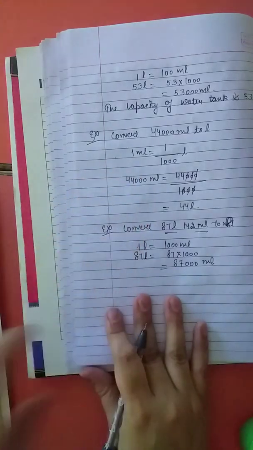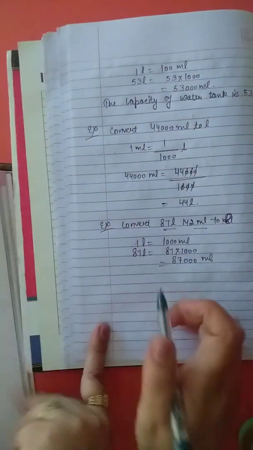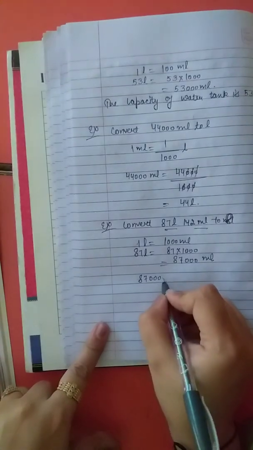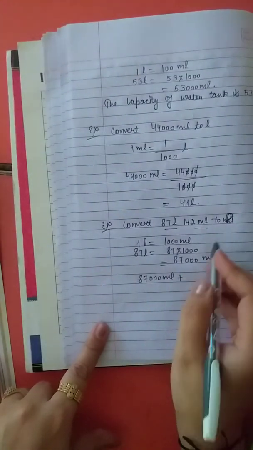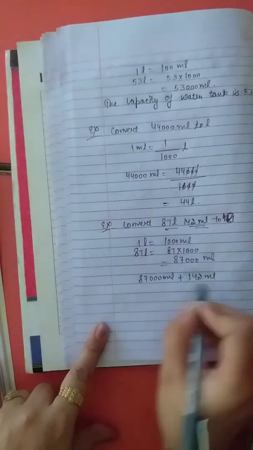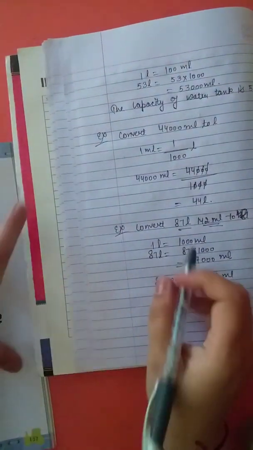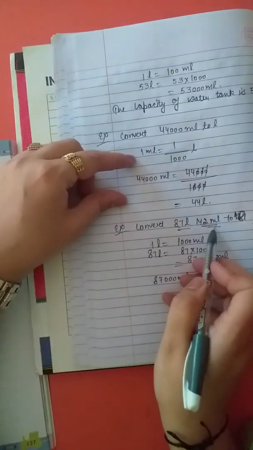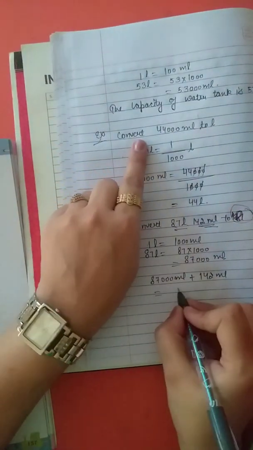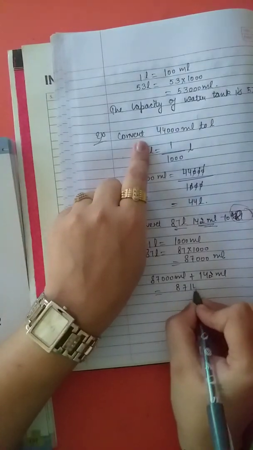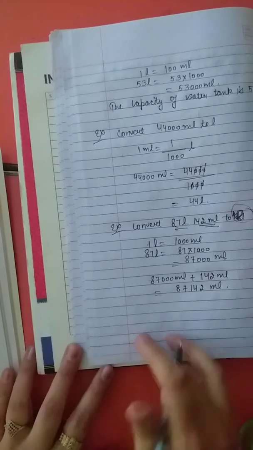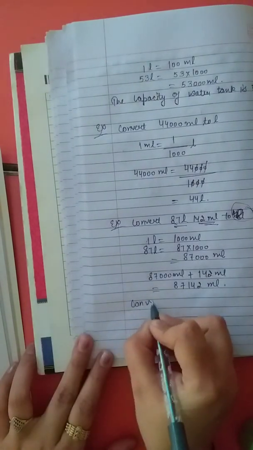Now we have to add these numbers. 87,000 milliliter plus 142 milliliter, because firstly we converted 87 liter into milliliter. That means 87,142 milliliters.